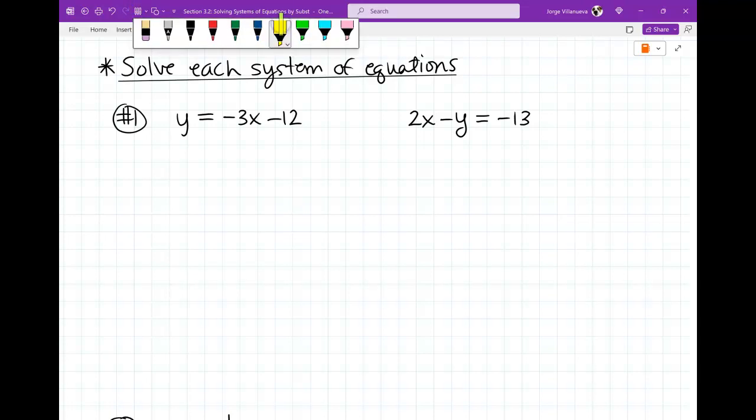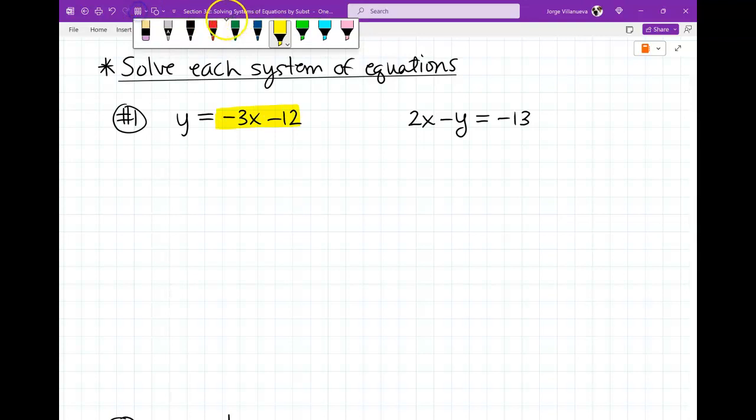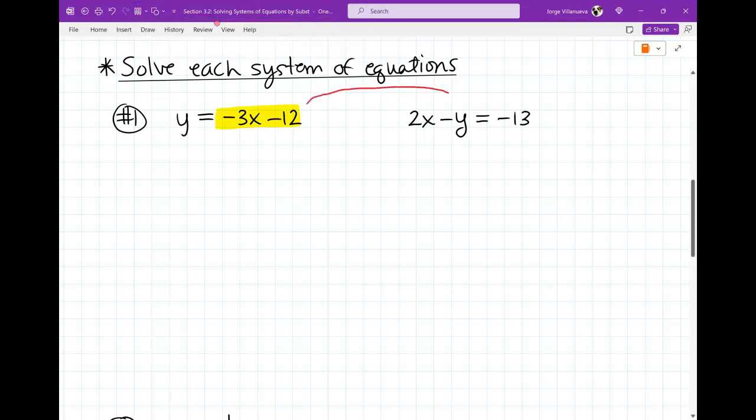Meaning, this piece right here, I'm going to plug it in right there. Okay, why can I do that? Because it says, anywhere you see y, replace it with negative 3x minus 12. That's what they mean by substitution. I'm substituting for y an expression instead. So here we go.